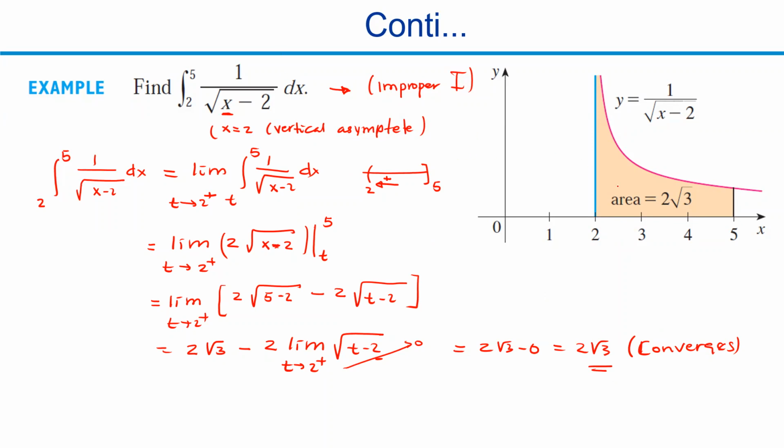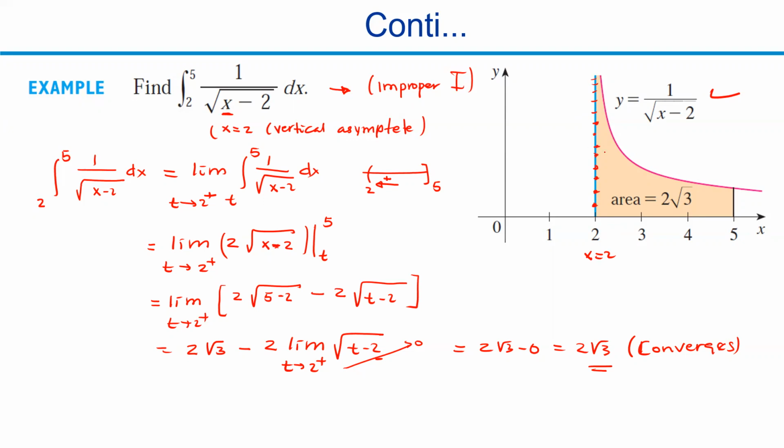And this is a graph of 1 over the square root of x minus 2. You can see that at x equal to 2 we have a vertical asymptote, in blue color. That's why we have infinitely many points of discontinuity, okay? This point is different from this point, yeah? How many points do we have?